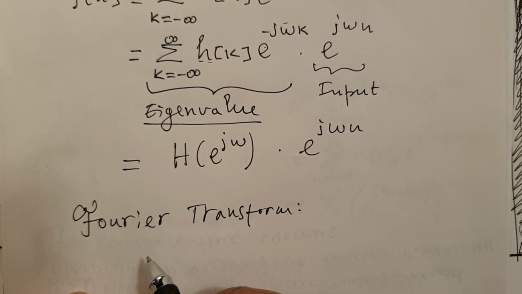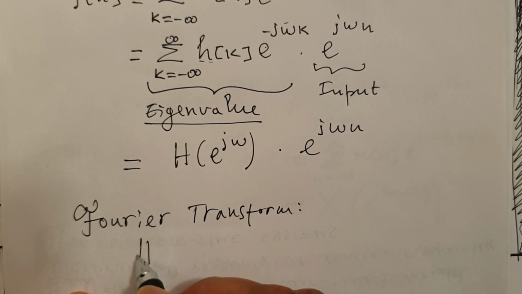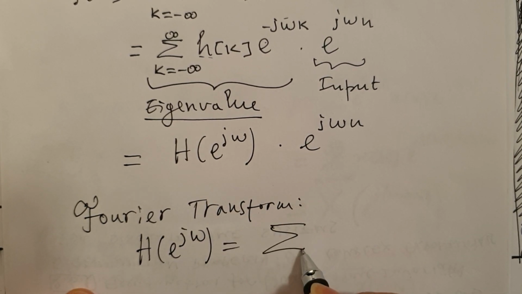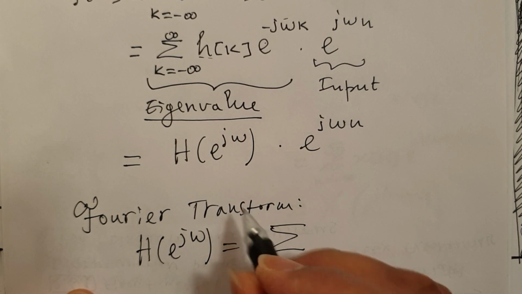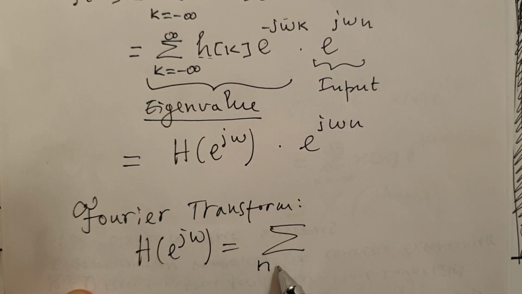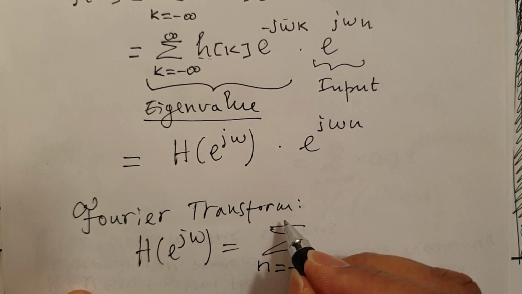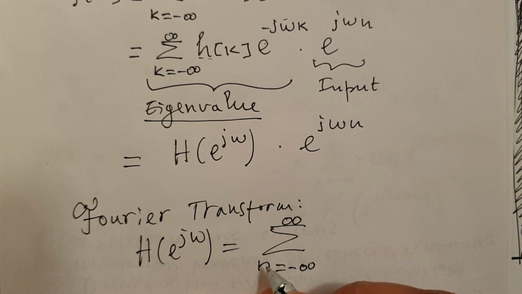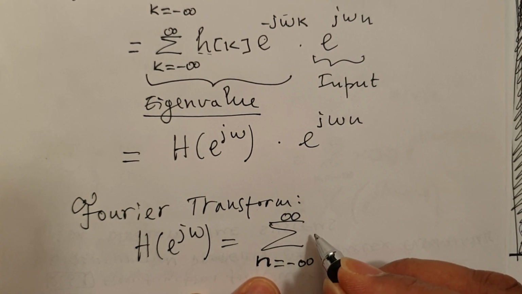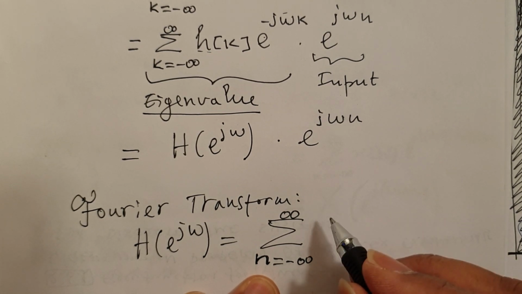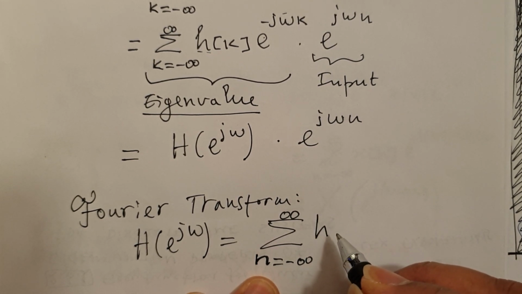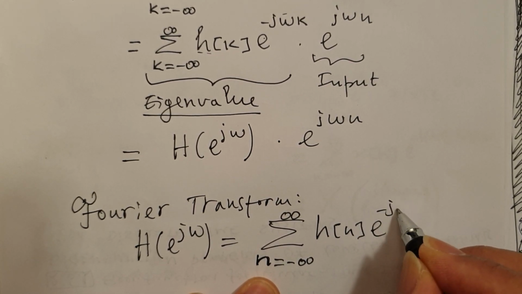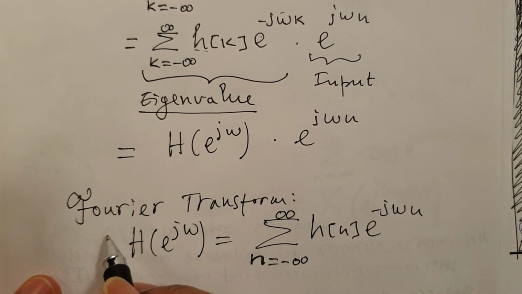Then I will define it as the following, only in this case I will replace k by n, but it's the same. I'm just changing the variable, to make it look more common to write it as a function using n instead of k, but it doesn't really matter how you write it down. So here we go. This is the Fourier transform.